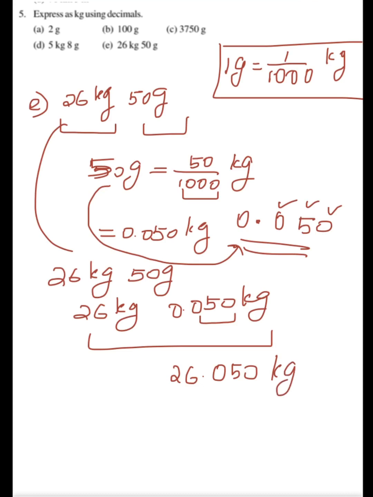As I have already told you, after the decimal point the last zeros have no value, so you can avoid it and write that is 26.05 is also fine. Okay, 26.05 kg, which is our answer. Okay, so that is the answers for question number 5.